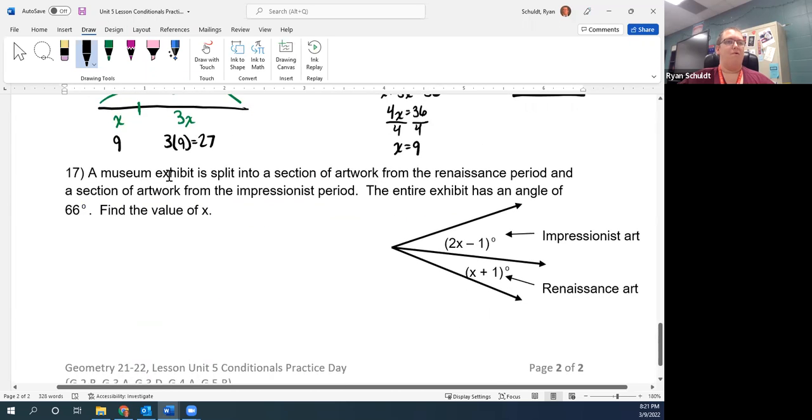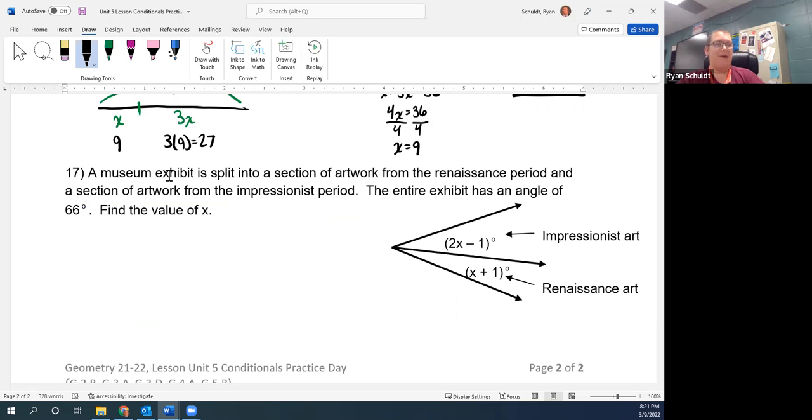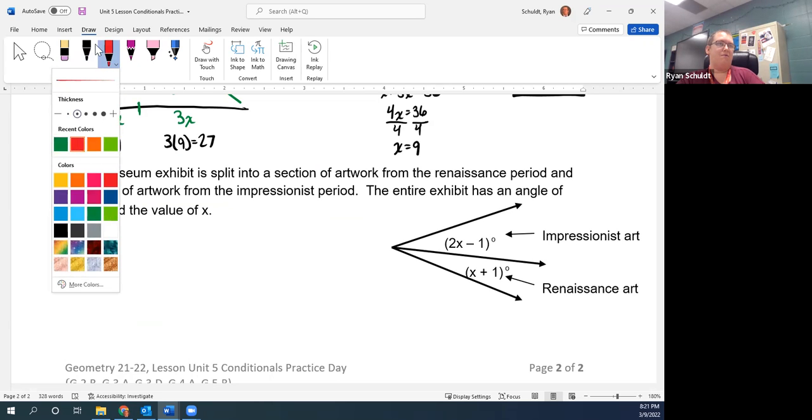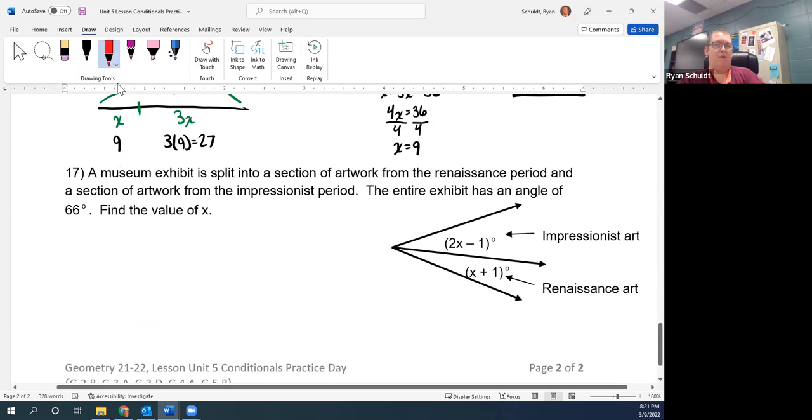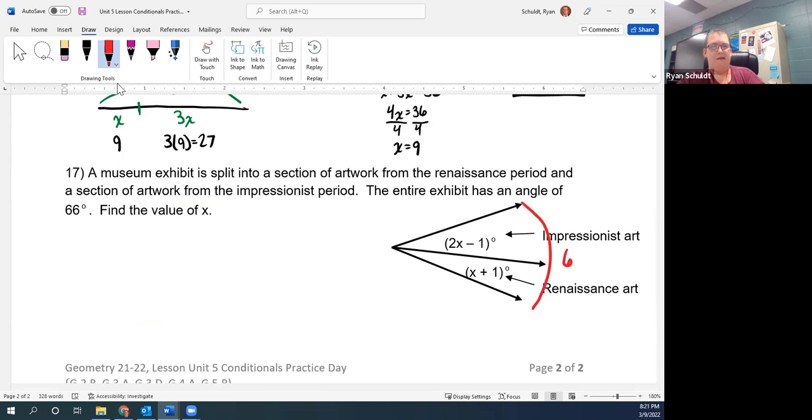Last one. A museum exhibit is split into a section of artwork from the Renaissance period and a section of artwork from the Impressionist period. The entire exhibit has an angle of 66 degrees. So the whole thing right here is 66 degrees. Find the value of X. Well, again, this goes back to part plus part equals whole.